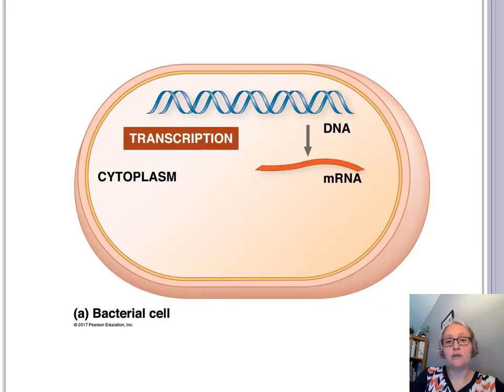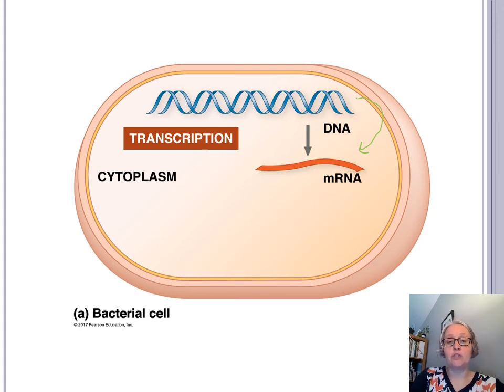Here's a nice image of this happening within a prokaryotic cell. So you can see the DNA is being transcribed into RNA. Notice that it's not the entire DNA strand that's being transcribed. Instead of making a copy of all of the DNA, we're just transcribing the gene of interest. Maybe this is a gene for an enzyme or a protein required in some metabolic pathway.